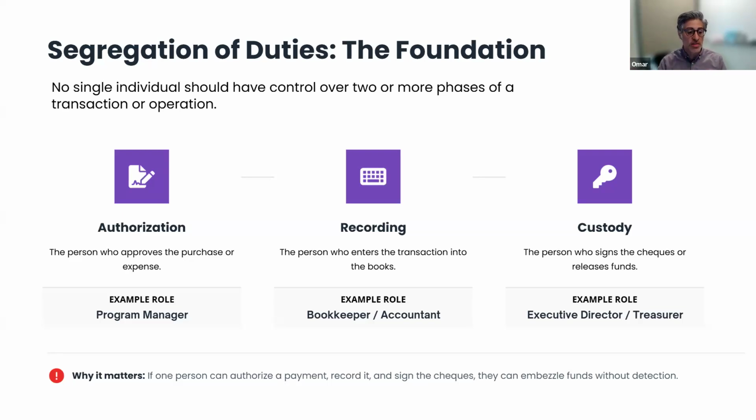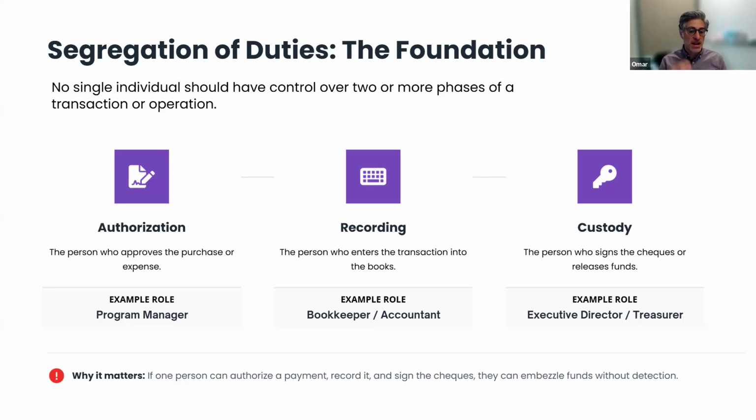The first being authorization. The person who approves the purchase or expense, for instance, the program manager, should not be the person who enters the transaction in the books. That should be perhaps the bookkeeper or the accountant. And the custodian, the person who signs the checks or the release of funds, would be, say, the executive director, the treasurer, perhaps both approve, but neither should be involved earlier in the chain with the ability to authorize or record.